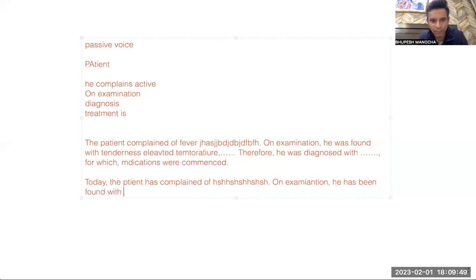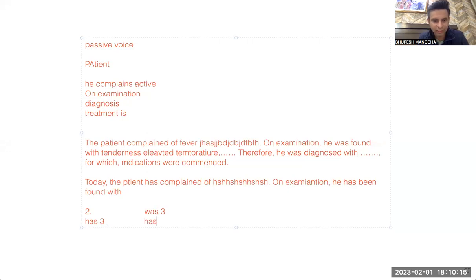So these are the only two tenses you have to remember. Active, second form. Passive, was or were plus third form. And in present tense, active has plus third form, and passive has been plus third form.